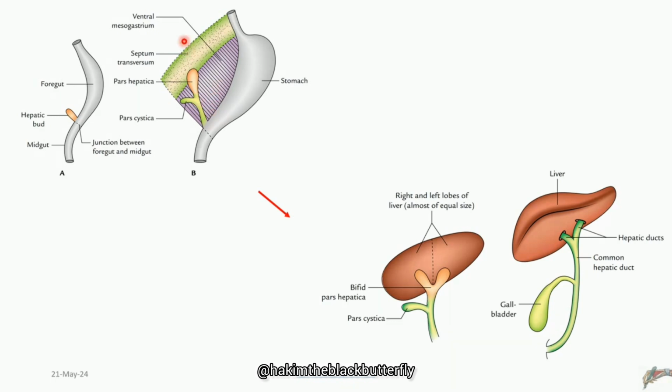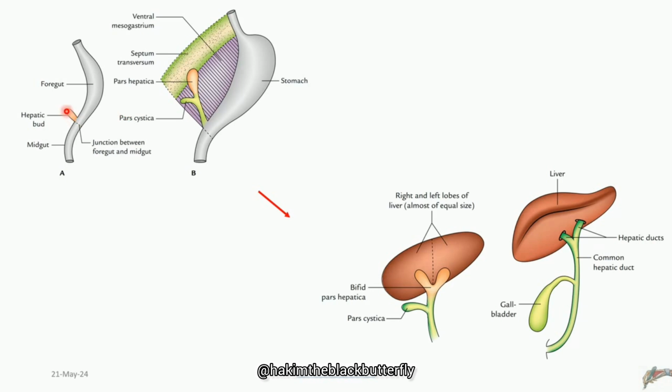Okay, the septum transversum, it is that area we talked about last time. It will be an area that will give rise to the diaphragm, but also part of it is going to develop into the liver. So as this duct is growing, it's going to be growing towards the septum transversum. But of course before reaching the septum transversum, this duct is going to first divide into two, as she has said, to form the pars cystica and the pars hepatica.